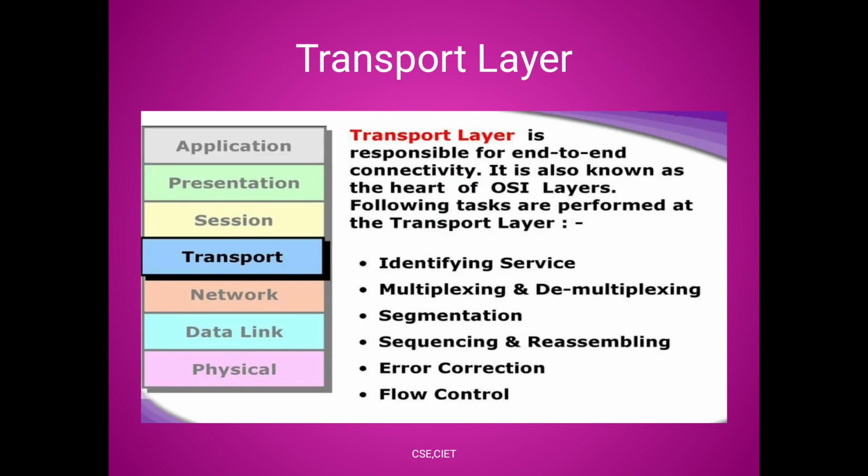The next important layer is the transport layer. This is the heart of the OSI model. The main purpose of the transport layer is to provide a reliable mechanism for the exchange of data between two processes in different computers. Mainly the transport layer transmits data from one system to another system.